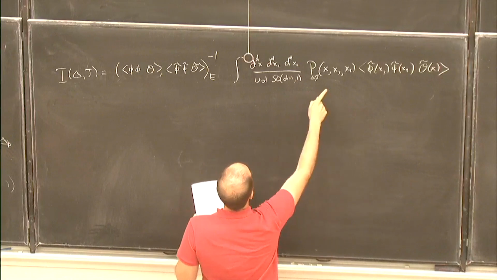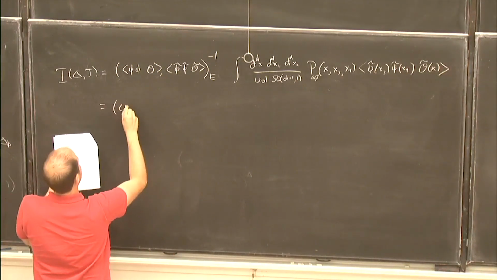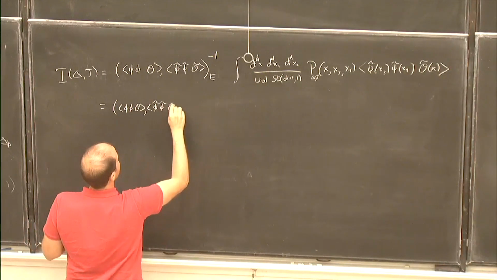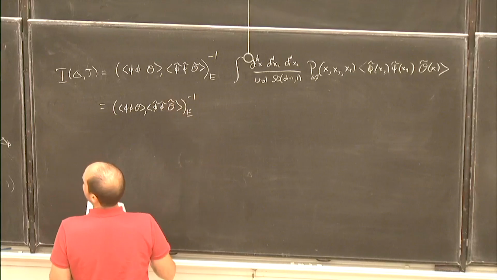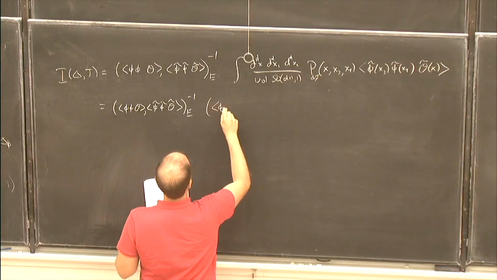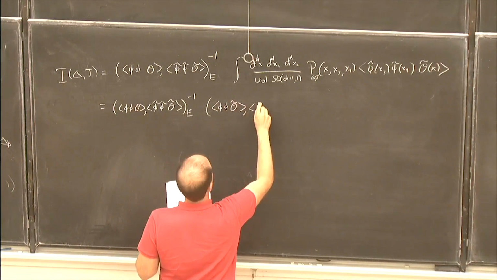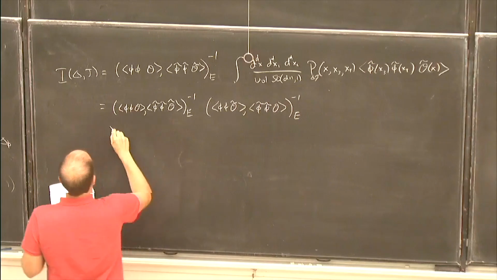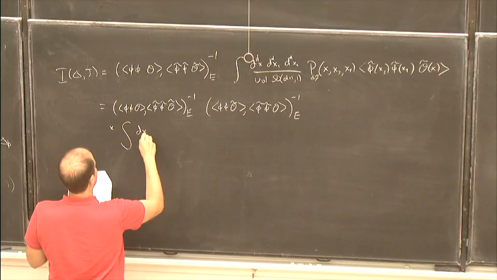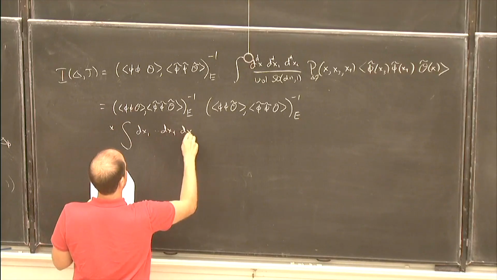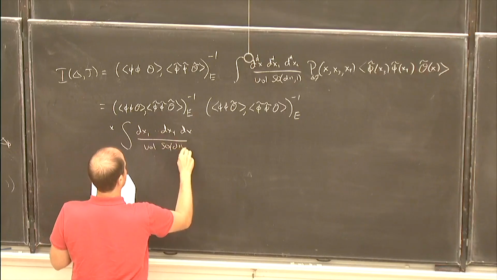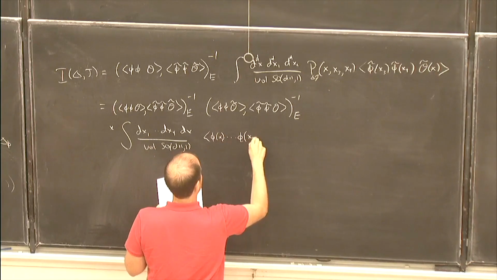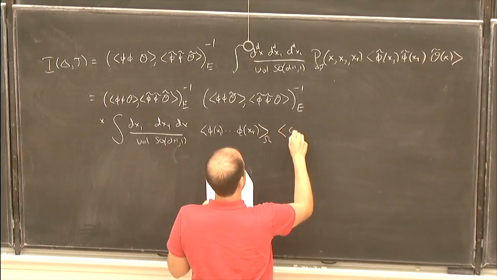And now we'll plug in the definition of P. And so we get this prefactor times the prefactor from before times an integral dx1 through dx4 and also dx divided by the volume of the conformal group of the four-point function times two three-point structures.